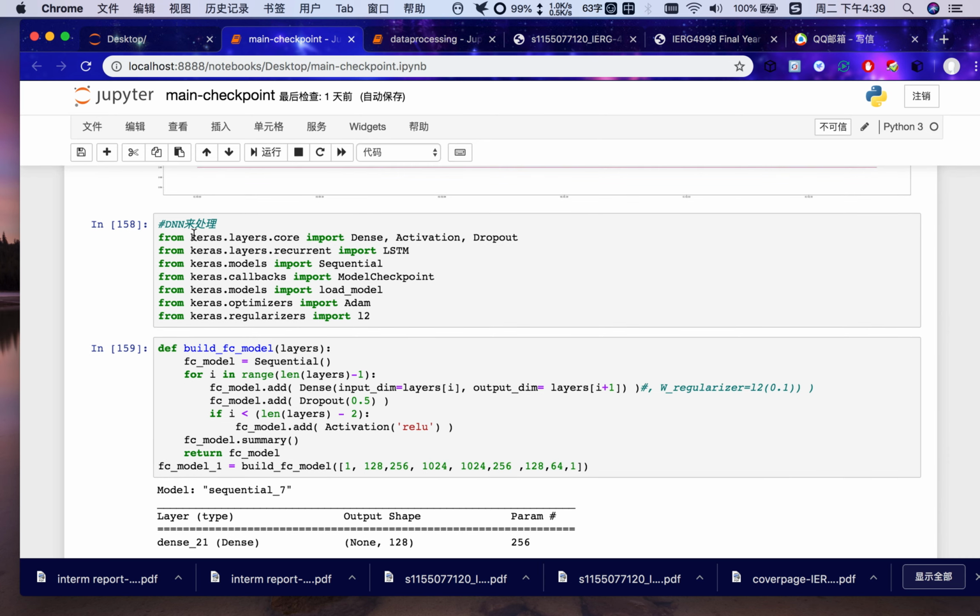So let us have the second method, which is DNN. The DNN I use is the fully connected DNN, also known as DBN.